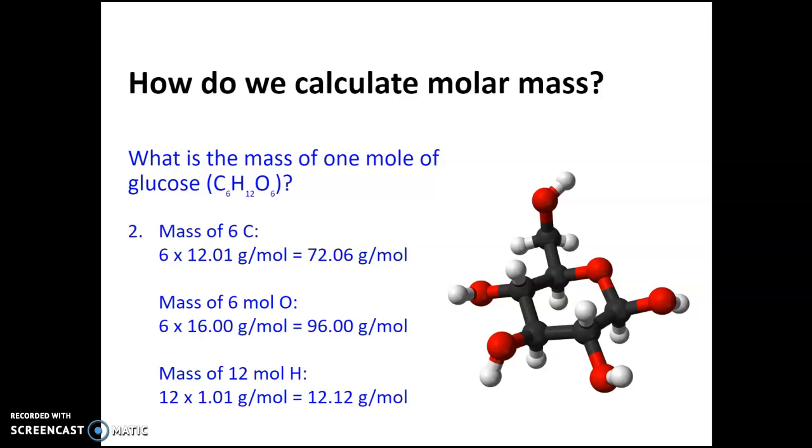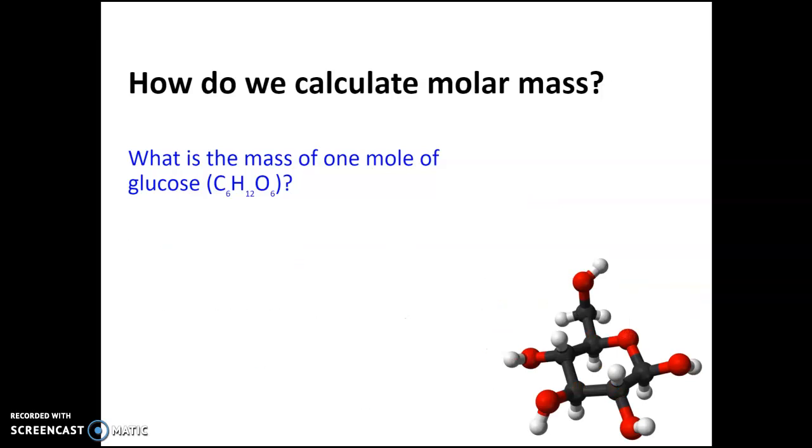There's 6 oxygens, and the molar mass of oxygen is 16. 6 times 16 gives us 96 grams per mole from oxygen. And then the mass of hydrogen was 1.01. We have 12 hydrogens, and so when we multiply that together, we get that hydrogen contributes 12.12 grams per mole.